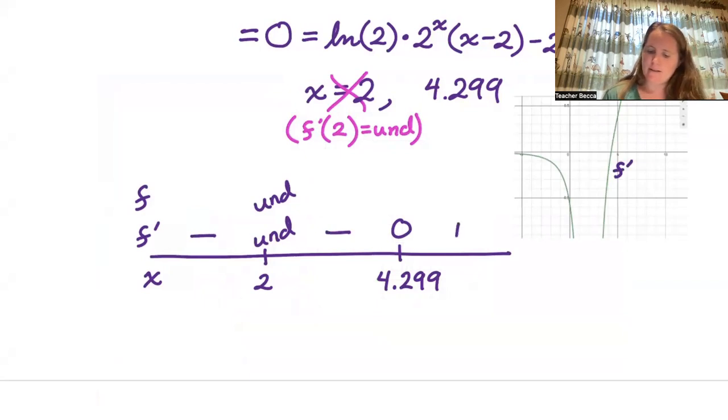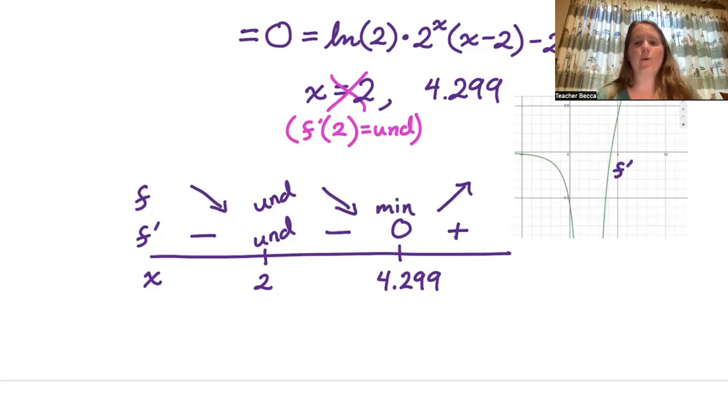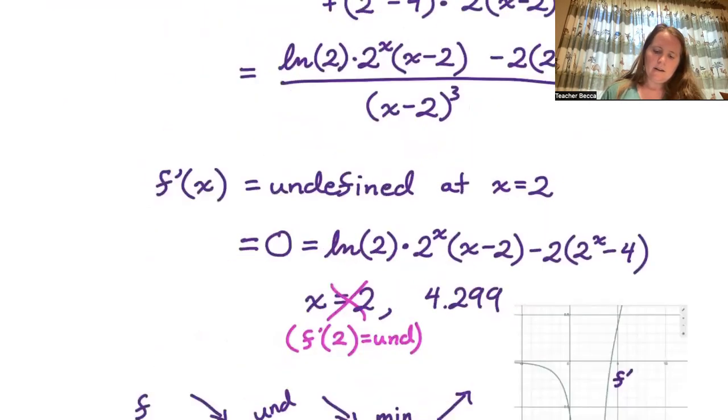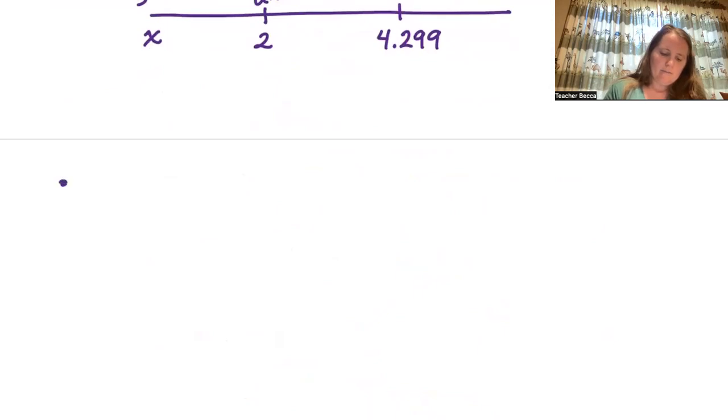It switches to positive after 4.299. So we know that f is decreasing till its asymptote. We know it's decreasing again after the asymptote, switches to increasing at 4.299. So we have a relative minimum at about x equals 4.299. Now let's look at, so that's our increasing, decreasing. Now let's look at concavity.